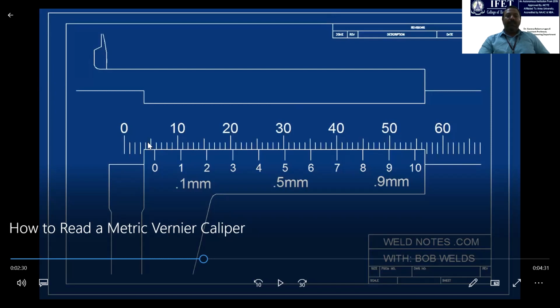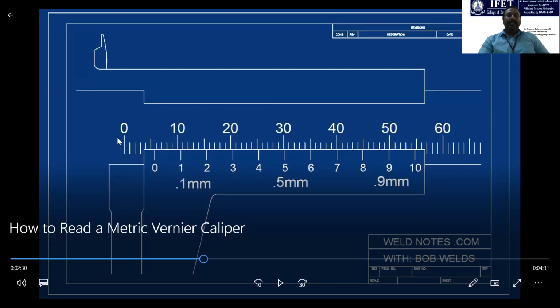And between 0 to 10 mm, each graduation is 1 mm: 1, 2, 3 mm, 4 mm, 5 mm, 6 mm, 7 mm, 8 mm, 9 mm, and 10 mm, 11 mm, 12 mm, 13, 14, 15 mm, 16, 17 mm, 18 mm, 19 mm, 20 mm. This is how we have to read the measurements in the main scale. But in case of the vernier scale, between 0 and 1, this one is 1 of 10, that is 0.1 mm, and this is 0.2 mm, 0.3 mm. Like this, you have to read.